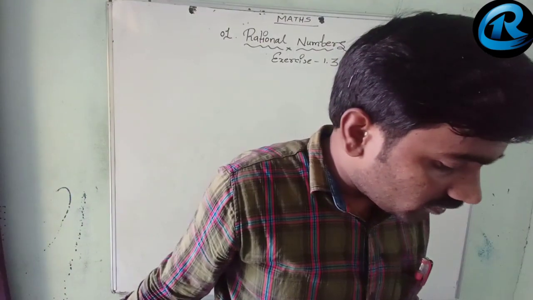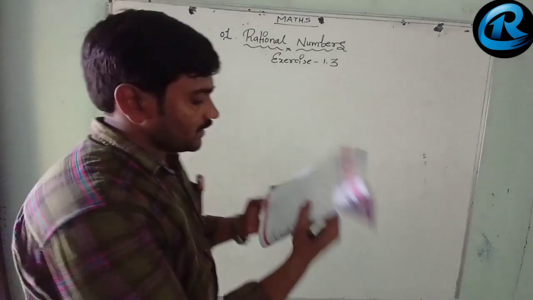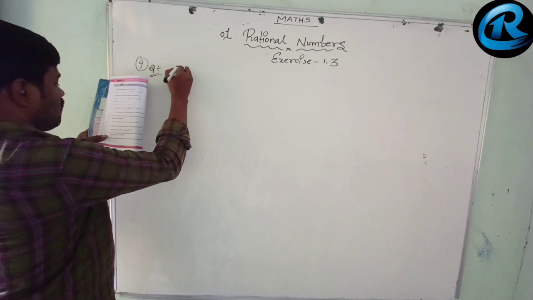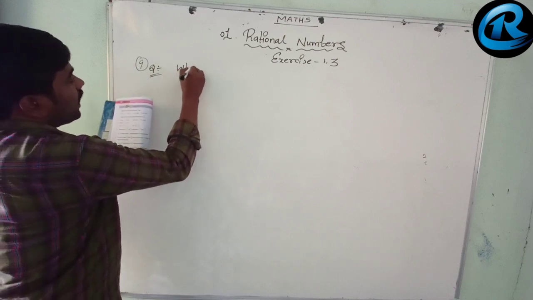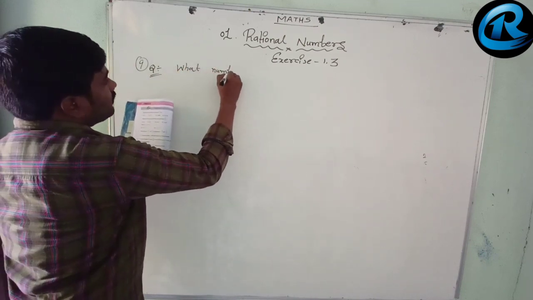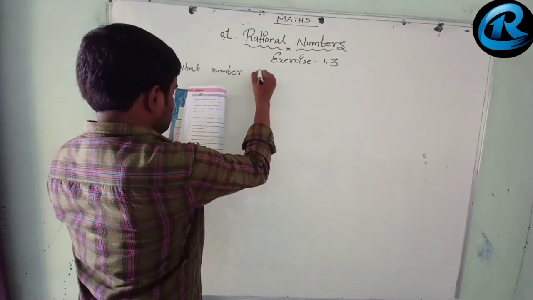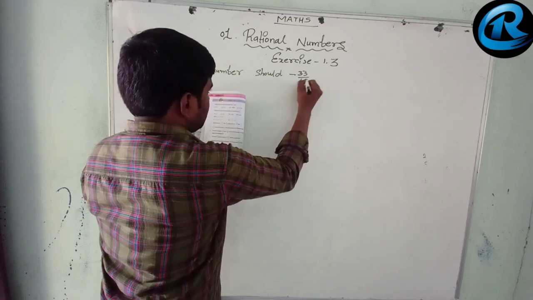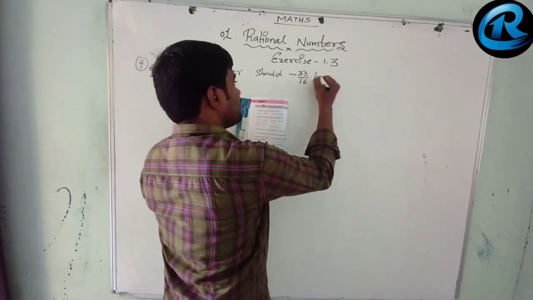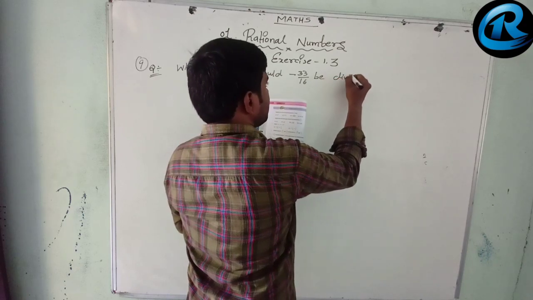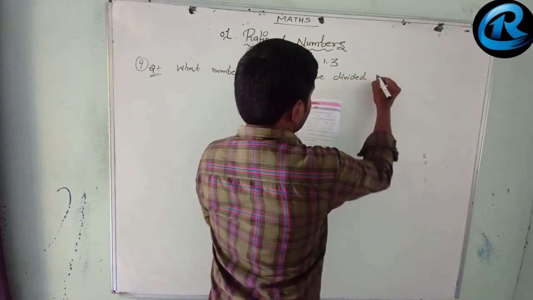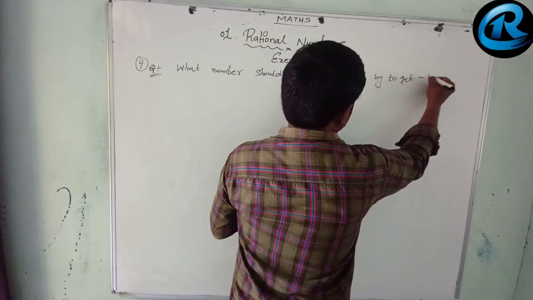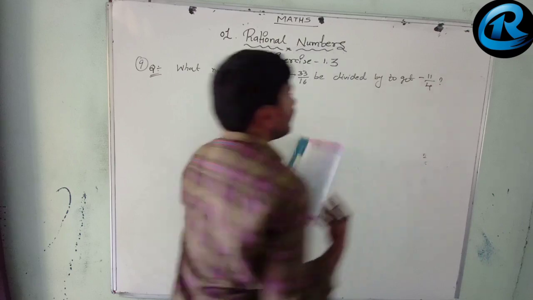The question number 9, I will write here: what number should minus 33 by 16 be divided by to get minus 11 by 4? Very simple question.